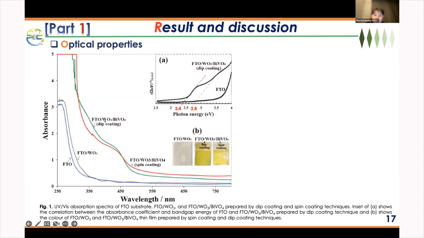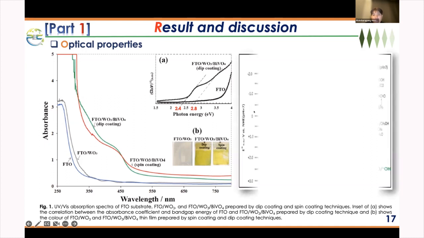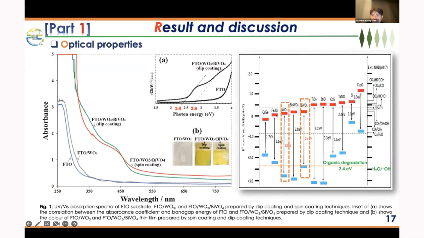The figure shows a higher visible light absorption intensity of tungsten oxide bismuth vanadate by the dip coating technique than the spin coating technique, due to the effects of thin film coverage on the substrate. And figure A shows the correlation between the absorption coefficient and band gap energy, which was calculated at 2.4 and 2.8 electron volts, corresponding to bismuth vanadate and tungsten oxide respectively.